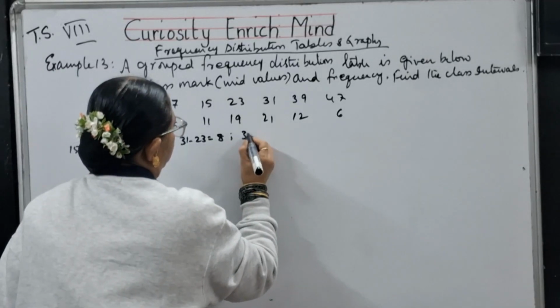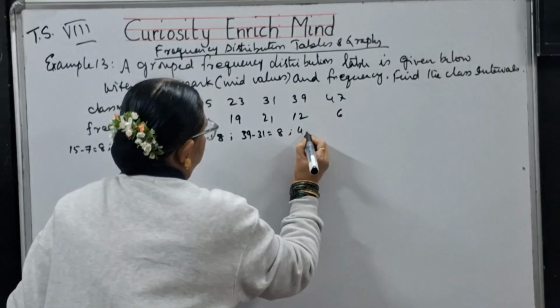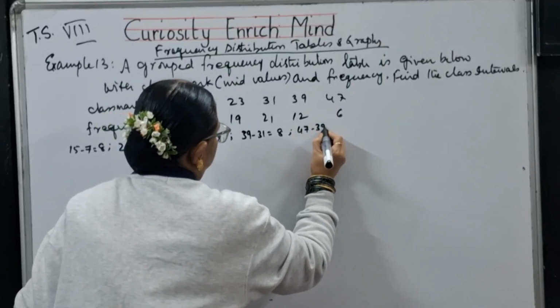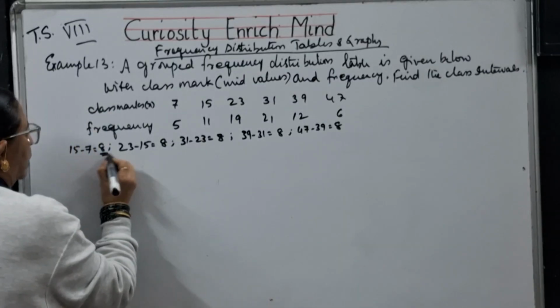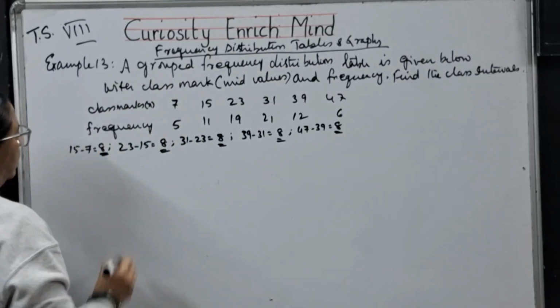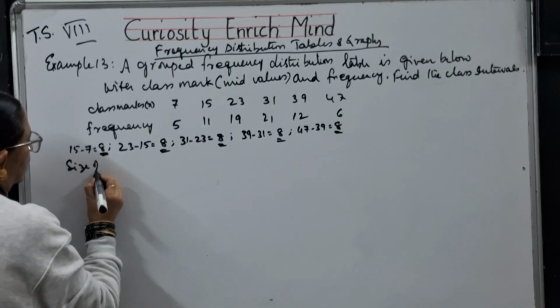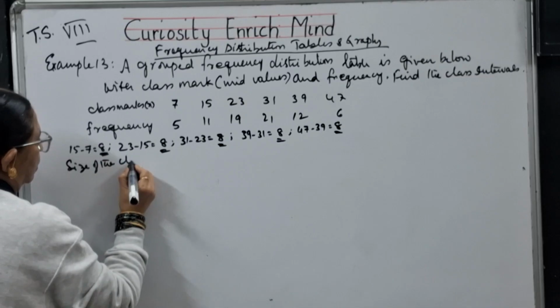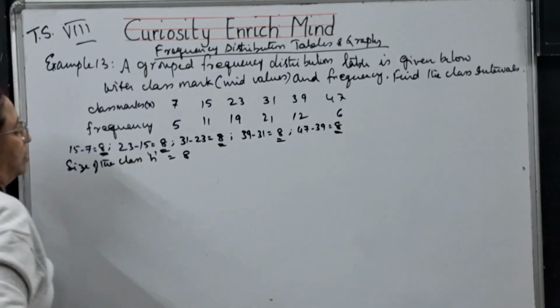Now 39 minus 31 is also 8. 47 minus 39 is also 8. So all of them are having 8. The difference is 8. This 8 is called the size of the class, which is indicated by h, that is equal to h = 8.